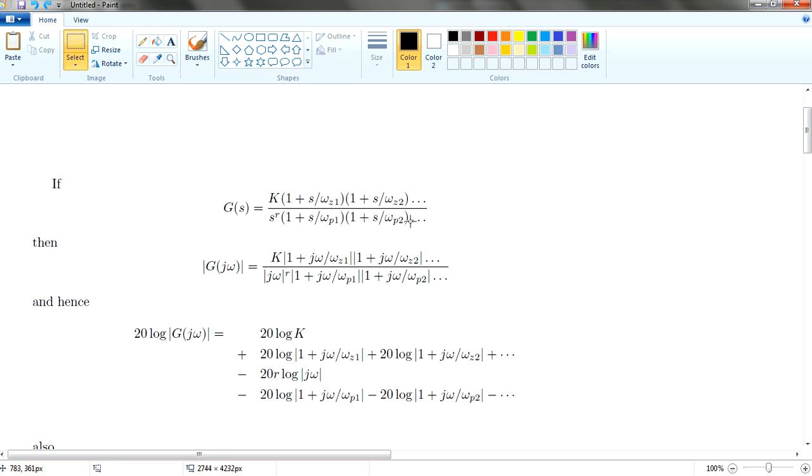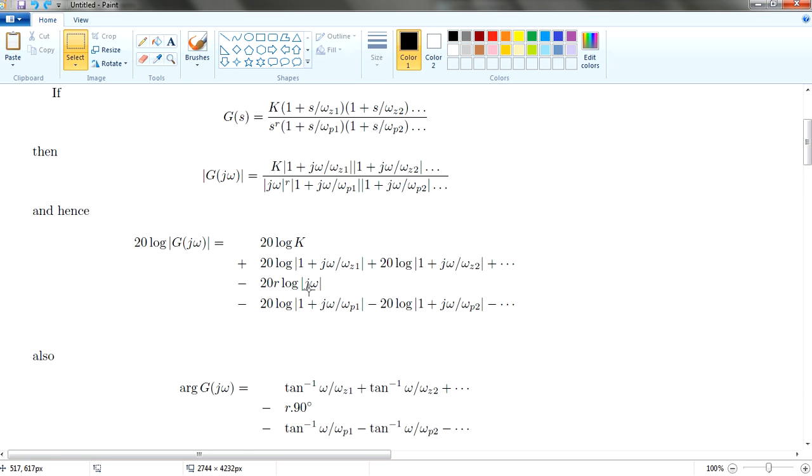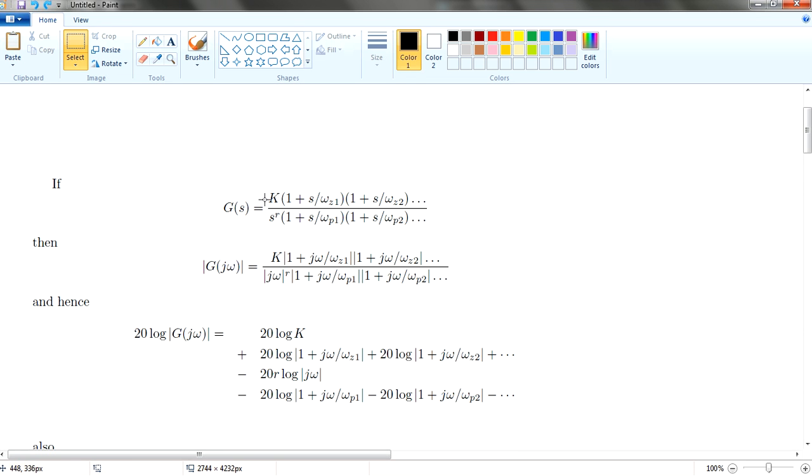This is the zeros, and this is the poles, sorry, the denominator are the poles. With this concept, there will be a different derivation for each type of parameter. So there are 4 parameters: the controller, the poles, the zeros, and the integrator.